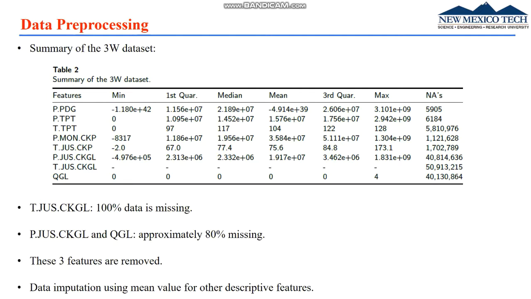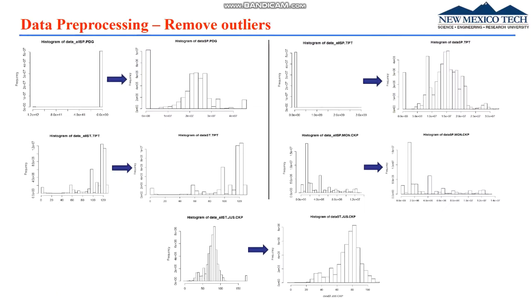You can also notice that there are some missing values in the first five features also. But it's not a big problem because the number of missing data in these features is relatively small compared to the whole dataset. So we decided to keep these five parameters to use as descriptive features for machine learning models. And for data imputation, we use the mean value to fill in the NA values.